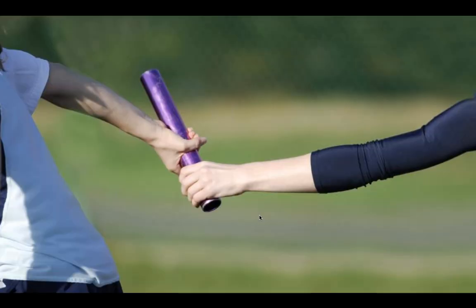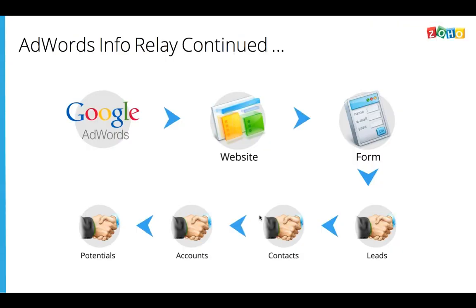So what really happened? As I said initially, the question was not being answered because there was a break in the flow of information from the AdWords system to the CRM system. But now we have fixed the flow of information. So the baton, which was earlier dropped, has now been passed on.